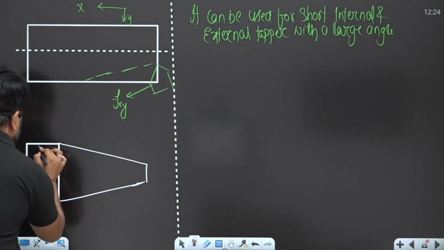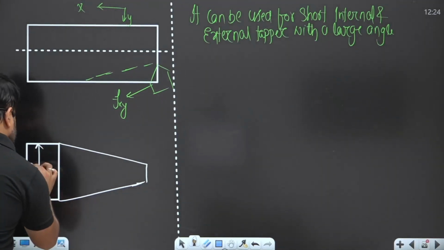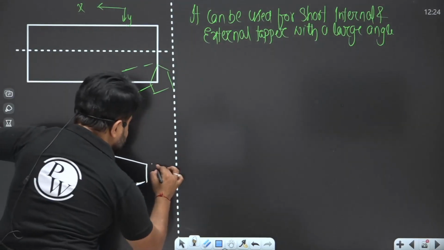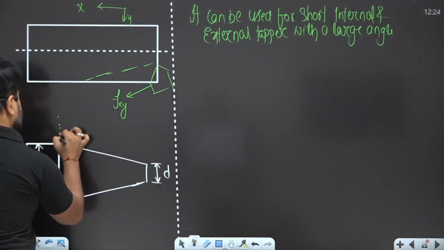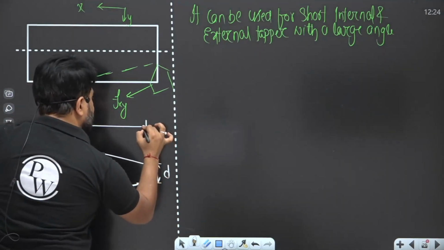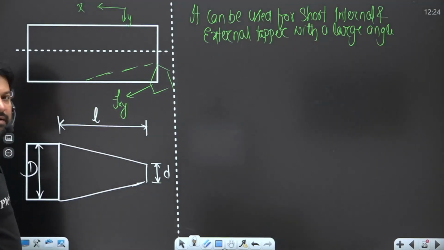This is the initial diameter, let's say capital D, and this is the other diameter of the taper turning, that is small d. This is the taper turning length, that is L, right?